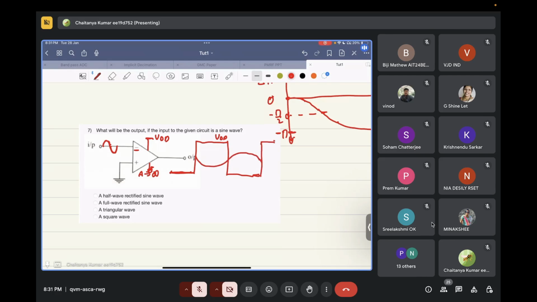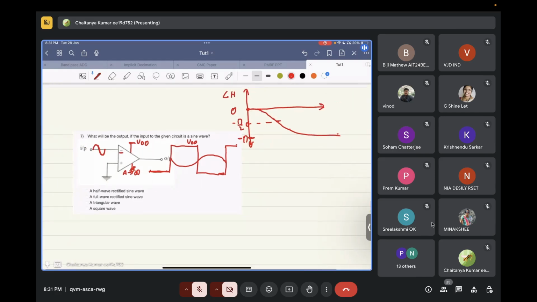So your output will look like a square wave. Is this clear? The op amp can only output a finite voltage, depending on the power supply. Ideally it would have been a sine wave with infinite amplitude, but since we are limited by the power supply, instead of minus infinity we will have zero, and instead of plus infinity we will have VDD. Is this clear?